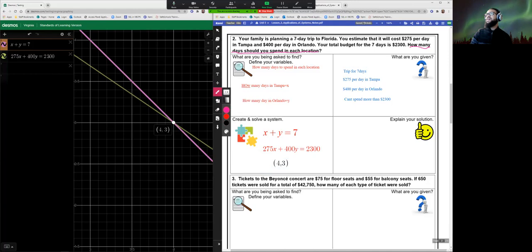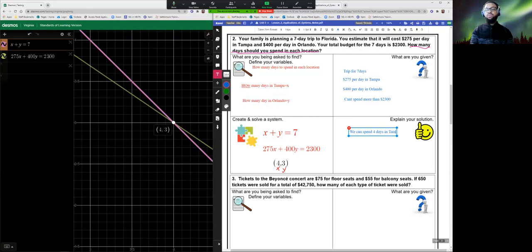X is how many days in Tampa here, so my X should still be on that 4. And then my Y is going to be 3, and my Y is how many days in Orlando. So explaining this, we can spend 4 days in Tampa and 3 days in Orlando.